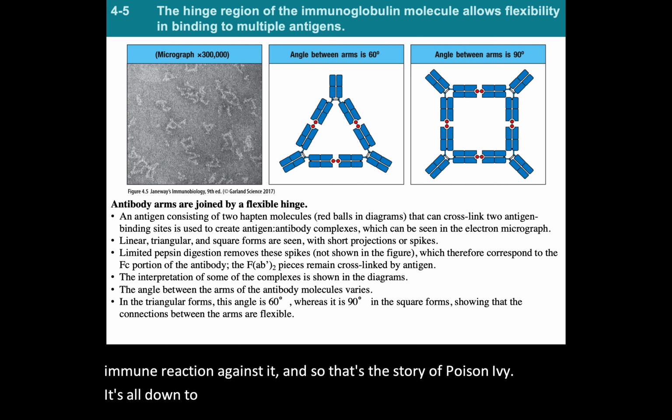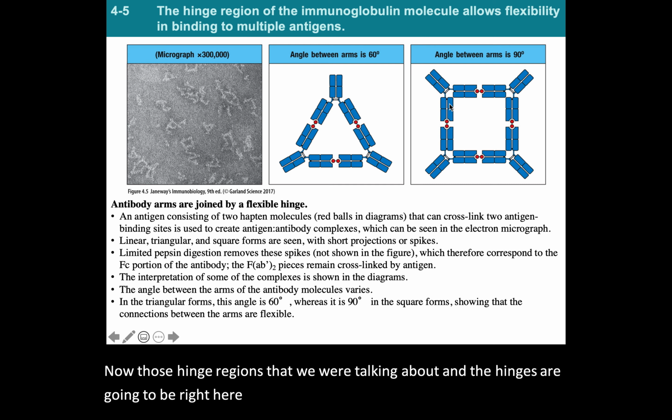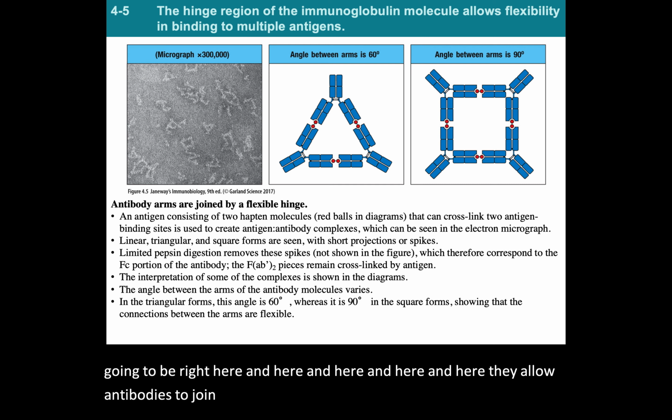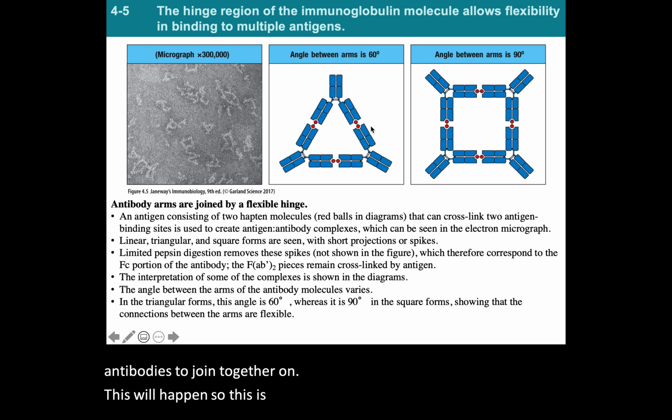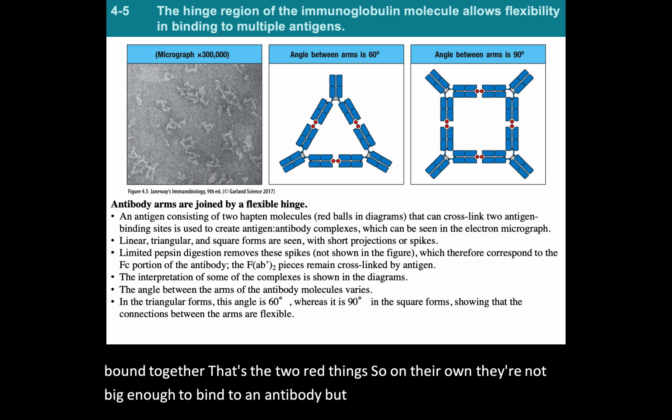Now those hinge regions that we were talking about, and the hinges are going to be right here and here and here and here and here, they allow antibodies to join together on these little haptens. So this is a hapten, and there's two hapten molecules that are bound together. That's the two red things. So on their own, they're not big enough to bind to an antibody, but together they are now a legitimate antibody target.